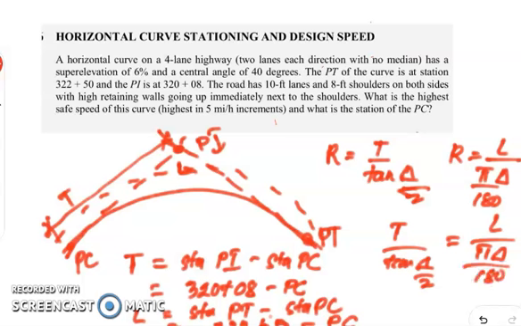If we substitute the values, T is 32,008 minus PC, and L is 32,250 minus PC. Just take note that we converted our stations into feet. This is 320+08 station, or 32,008 feet.